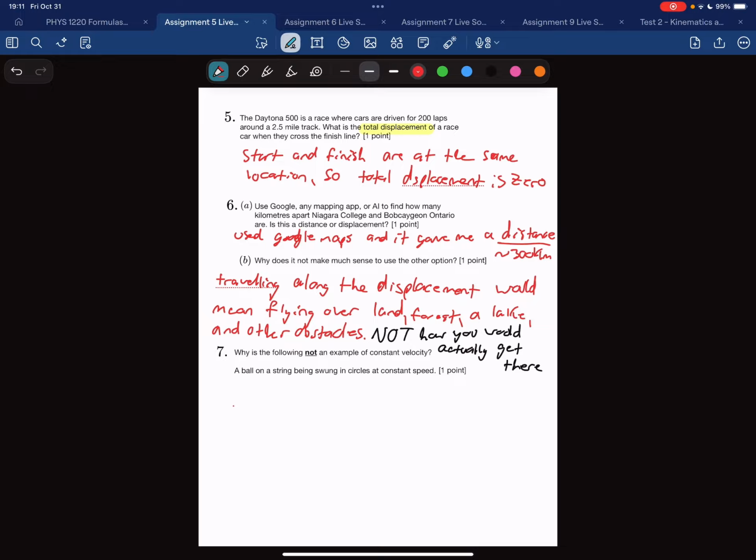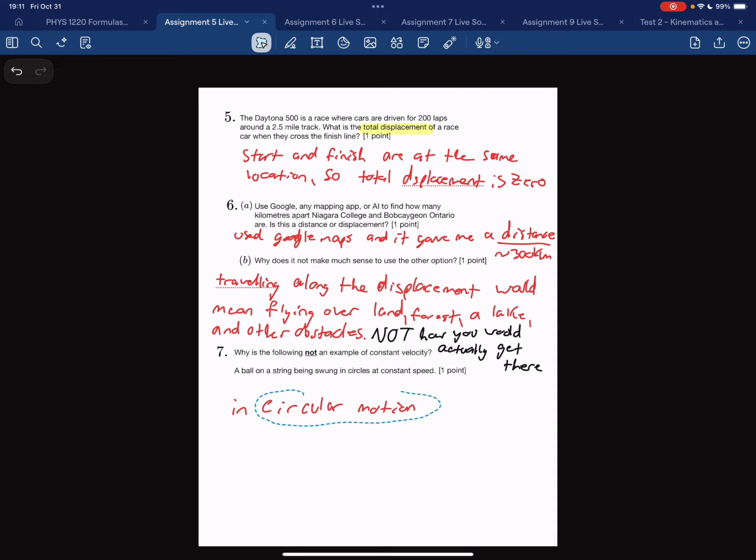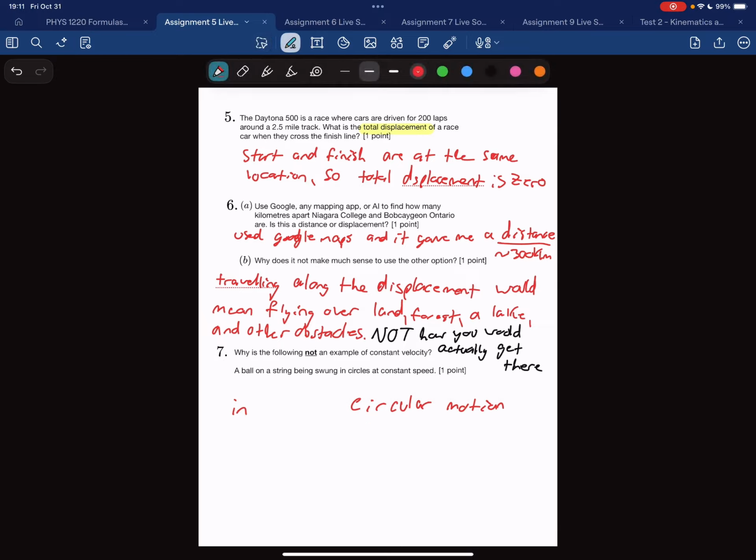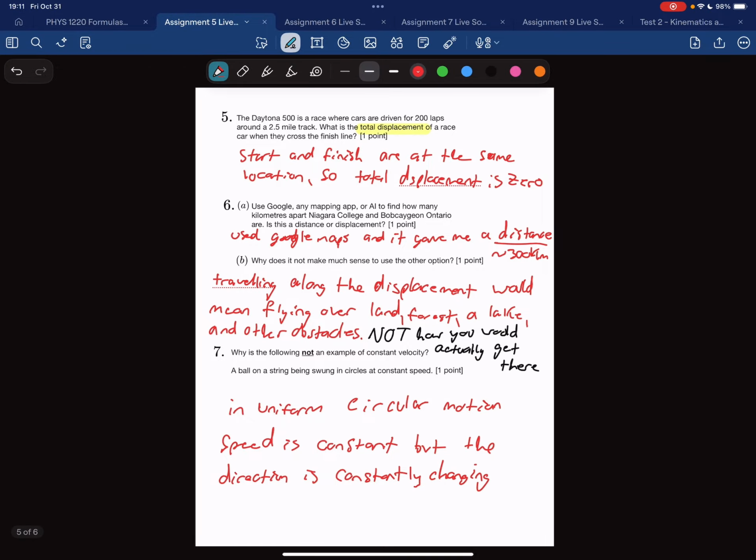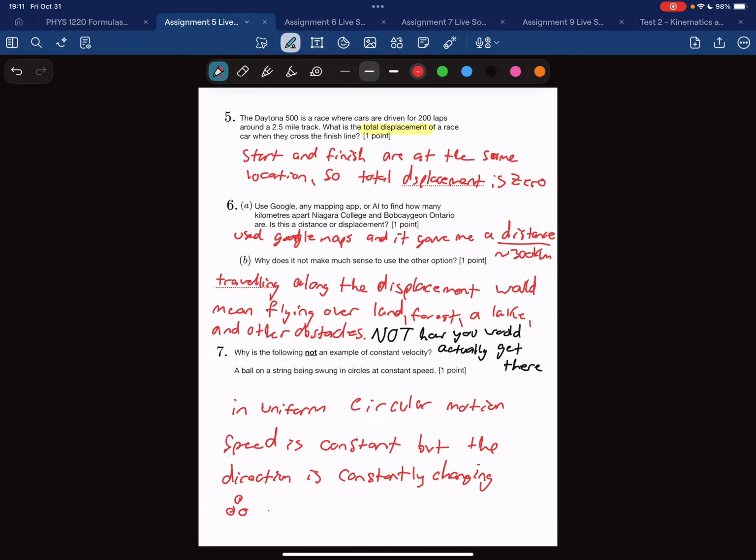This is because in uniform circular motion, speed is constant, but the direction is constantly changing. Therefore, it is accelerating.